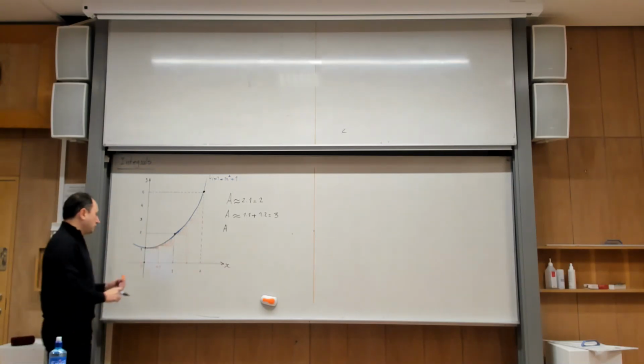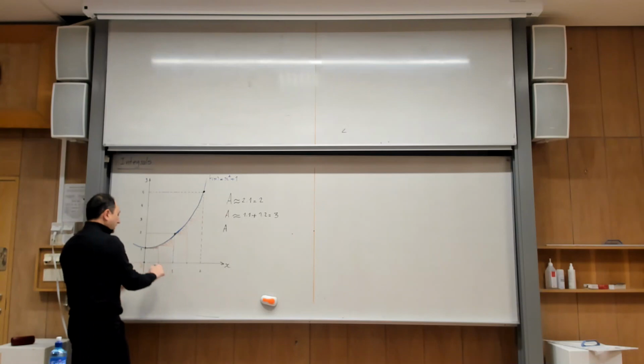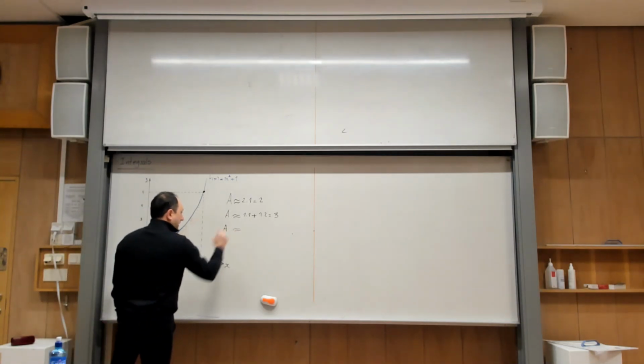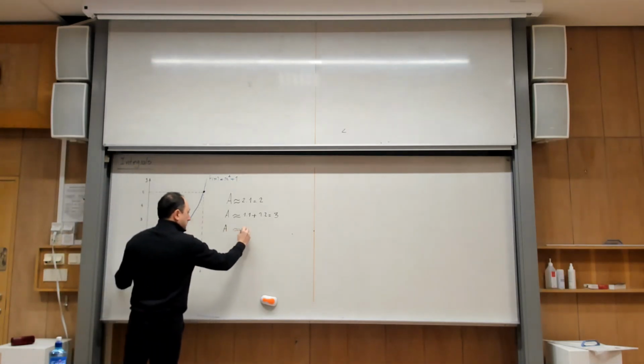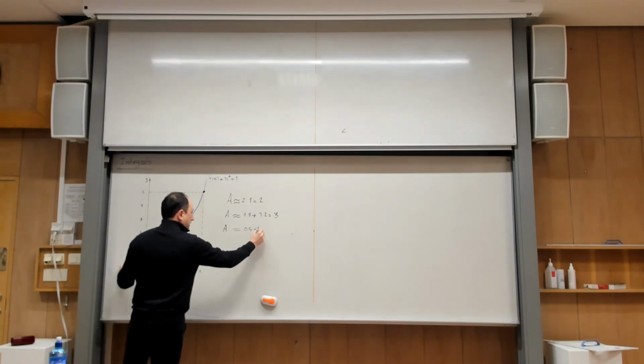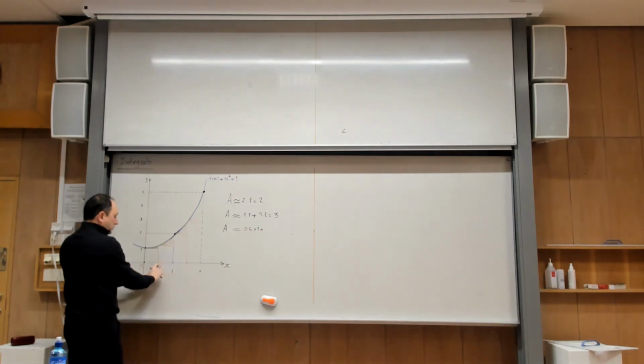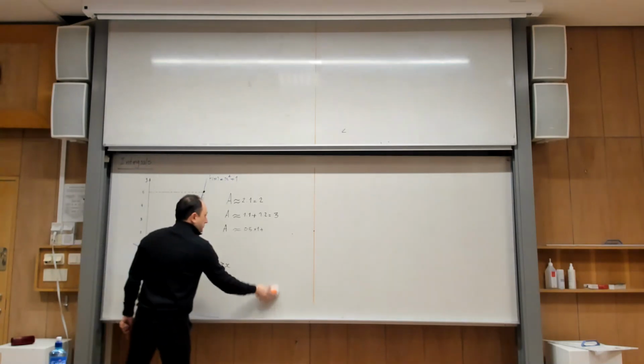Yes, so what will happen here, the area is approximately, again, equal to the area of this rectangle, which is 0.5 times 1, plus the area of this one is also, let me write 0.5 on the right hand side.